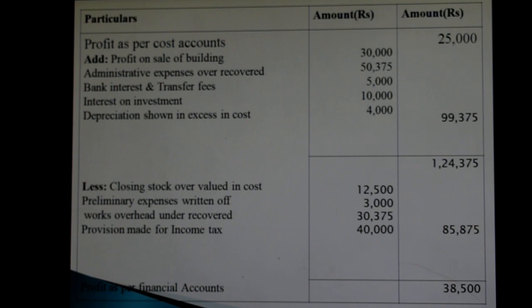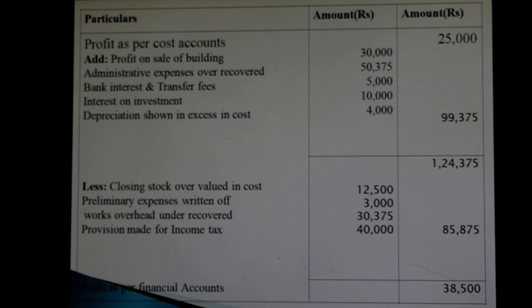Then bank interest charges 5,000. Then interest on investment is rupees 10,000. Depreciation shown in excess in cost accounts: actually the depreciation amount is more than the actual depreciated value, rupees 4,000. Here we have to add it with the profit.